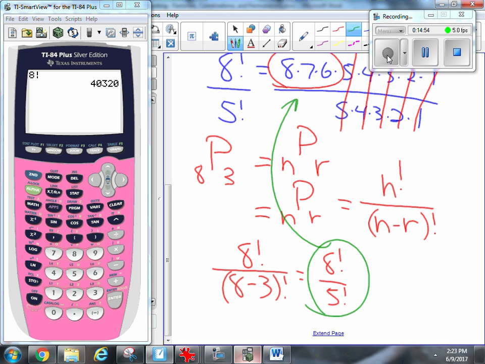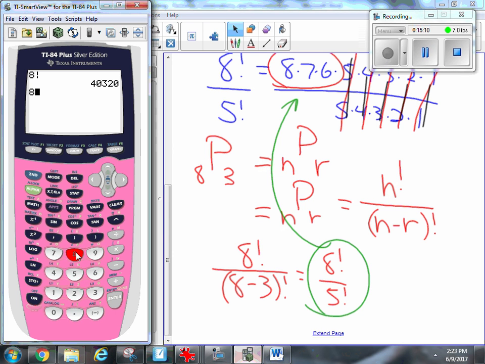So one way to do it is to write out all the factorials and cross out all the numbers. And as you might suspect, our calculator will help us do it. I'm going to go 8, which is my n, my total number of runners. And I'm going to go math, probability. And if you see number 2 says nPr, that doesn't stand for National Public Radio.